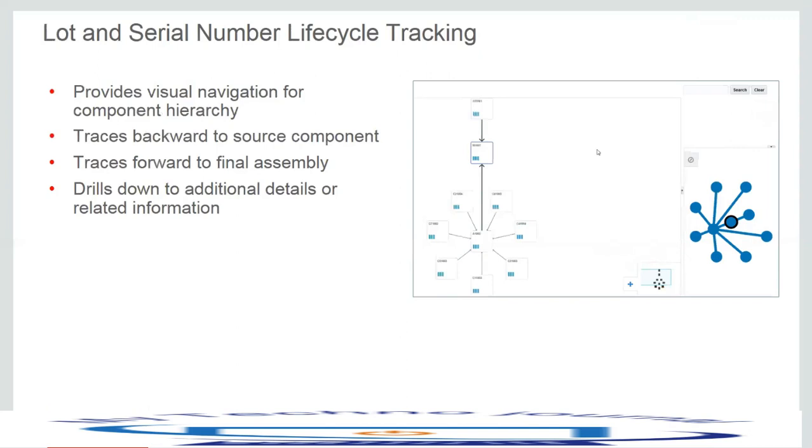The source tracking allows you to see the details of the raw materials of the course component, and tracing forward to final assembly enables you to review where materials were received, the products in which they are used, and the customer who received it.